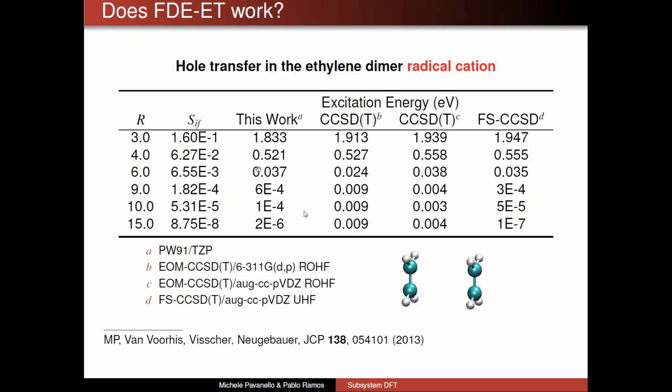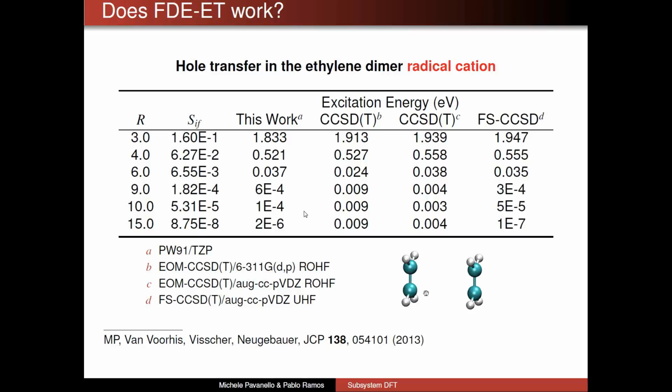Okay. Does this method work? The simplest case would be just two subsystems. And this is an example from the original paper, together with Troy Van Voorhis, Lucas Visscher, and Johannes Neugebauer, 2013. We have looked at really only two systems in that paper, ethylene dimer and water dimer.